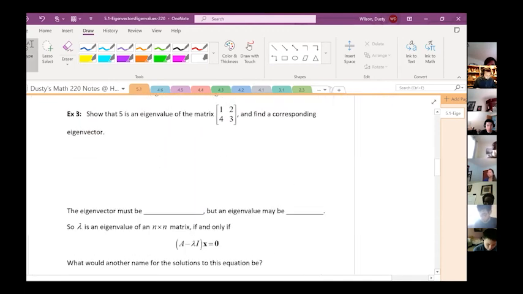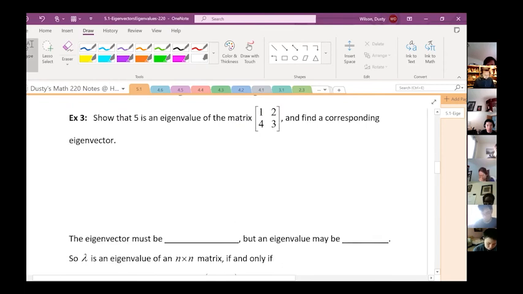So here, I want to show that 5 is an eigenvalue of the matrix 1, 2, 4, 3, and find the corresponding eigenvector. It's kind of a twofer. So remember, in order to be an eigenvalue, we should be able to solve Ax equal to 5 times x.